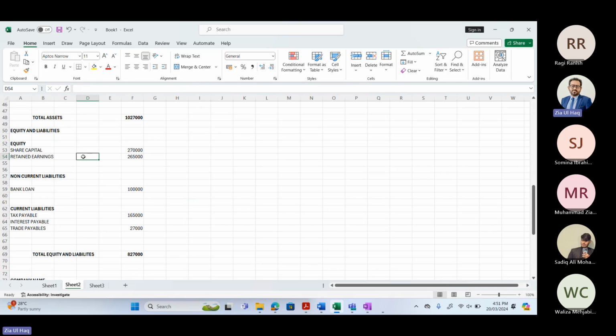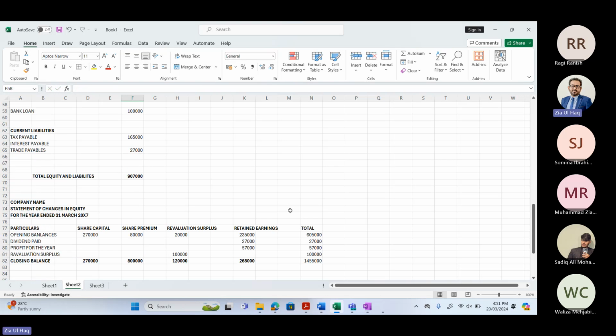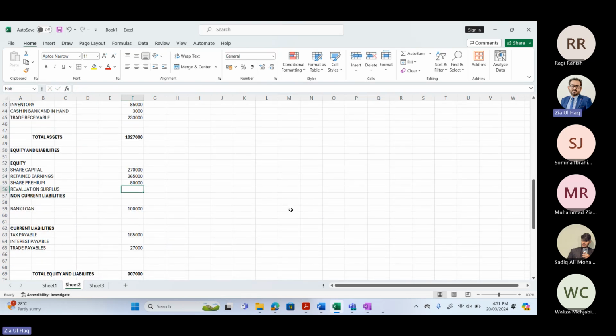This is not from working now. And we are having share premium as well, and we are having a revaluation surplus as well. Share premium, we are having 80,000. And revaluation surplus, we are having 120,000.